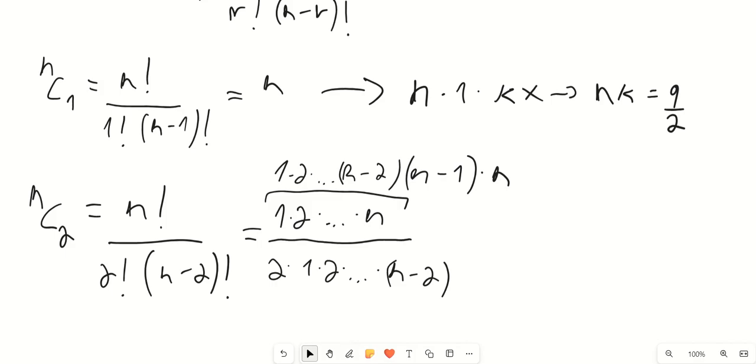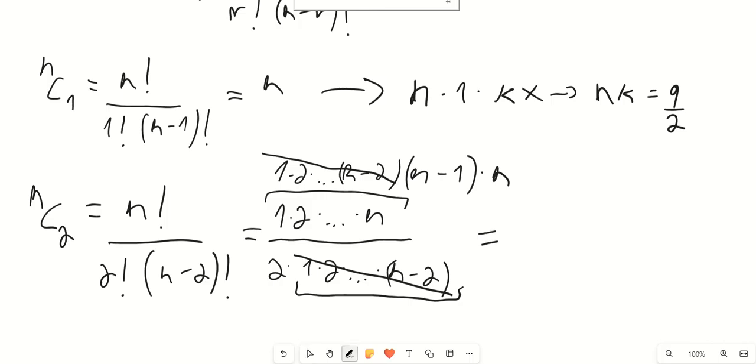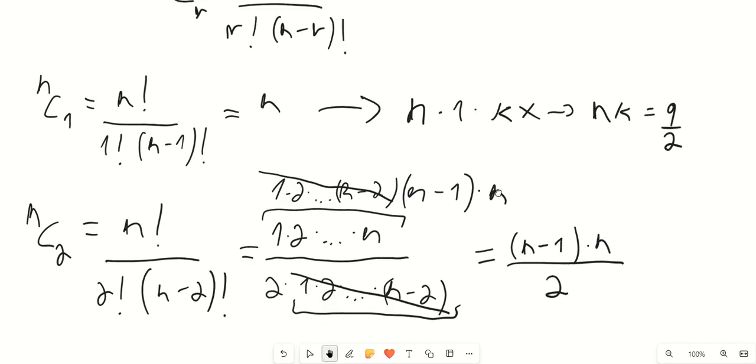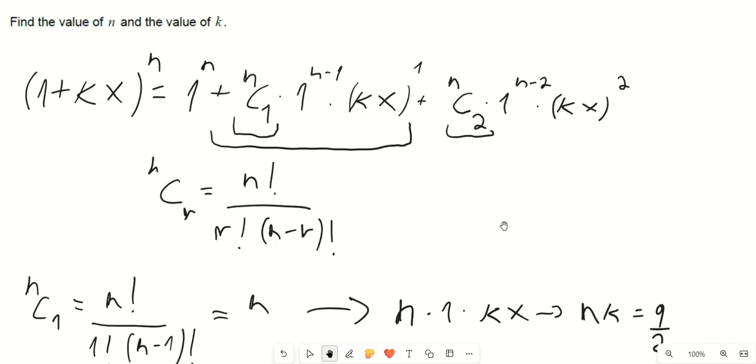This is the multiplication of all numbers till n. And I write it down in this way so I can see that the multiplication of all numbers from 1 till n minus 2, here and here, can be struck down. They cancel out. And I am left with n minus 1 times n over 2. Now I go back, I want to write down this complete term.